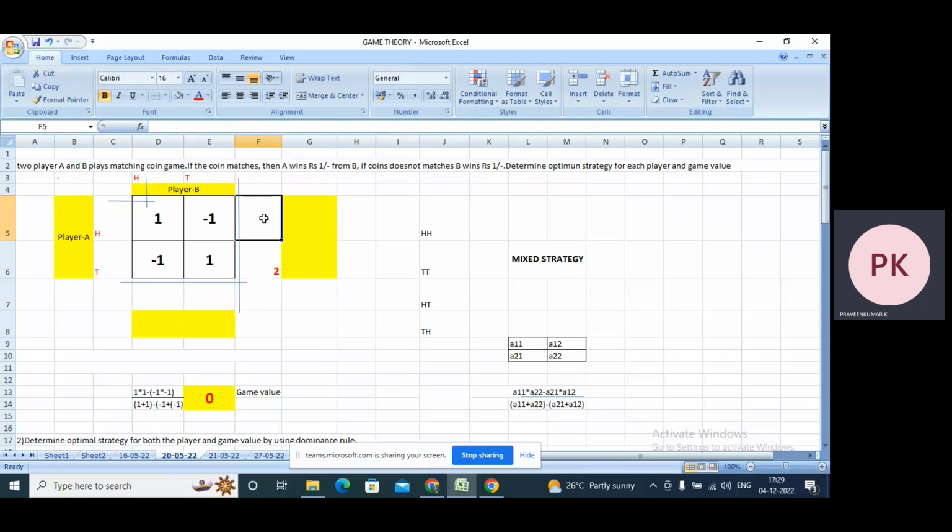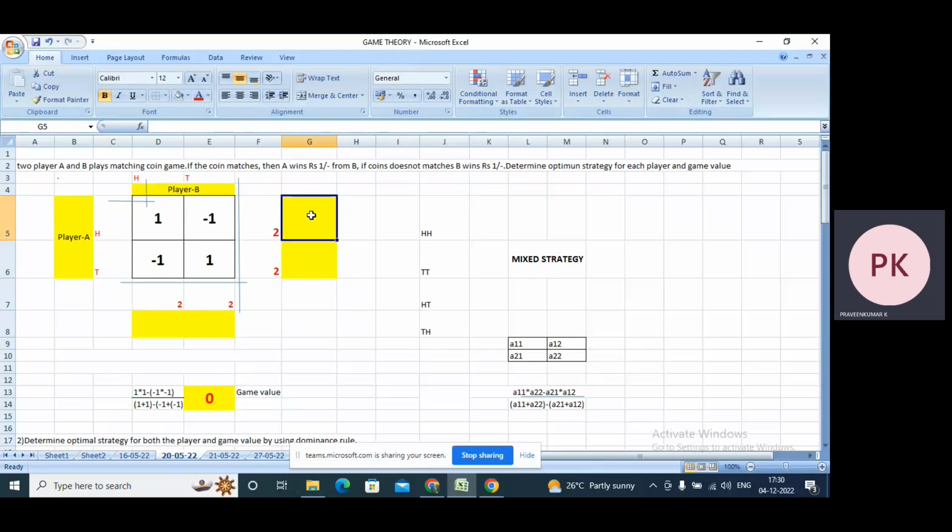I'll write it in the first row. Then go column wise. 1 minus of this value is 2. I'll write it in the second column. Then to find this value, I'll go from the back end. 1 minus of minus 1 is 2. I'll write it in the first column.